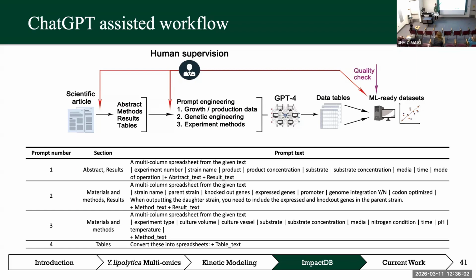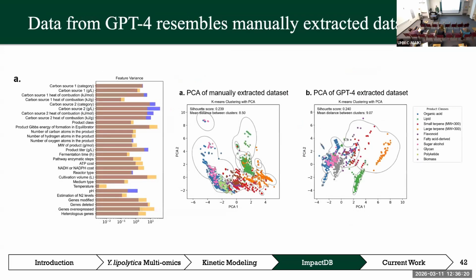And the workflow has constant human supervision. We wanted to make sure that there's not just a bunch of repeated numbers or numbers that aren't in the paper itself, and just make sure that it's high quality data. So what we did was we wanted to evaluate how good the AI extracted data was.